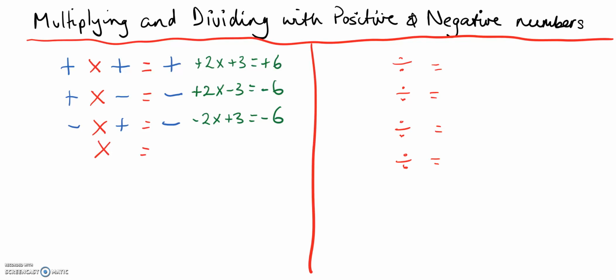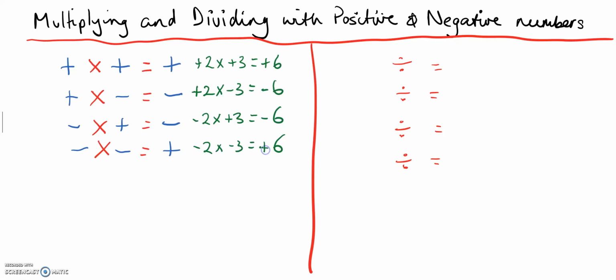The last one to look at is if we have two negatives. So a negative times a negative makes a positive there, and we could have something like negative 2 times negative 3. 2 times 3 is 6, a negative and a negative makes a positive. It's a bit scrappy.